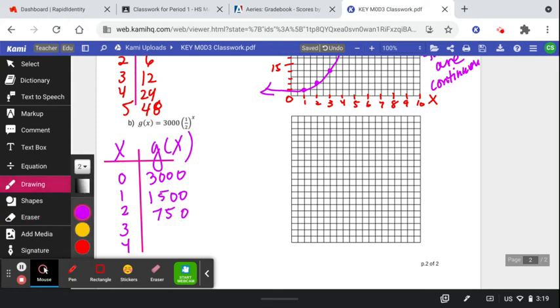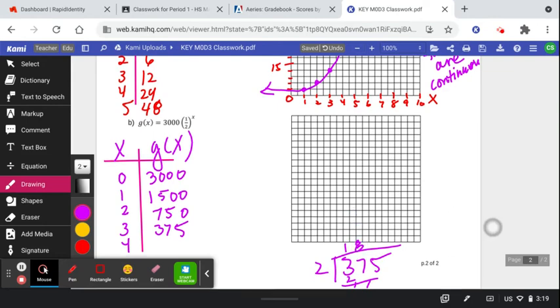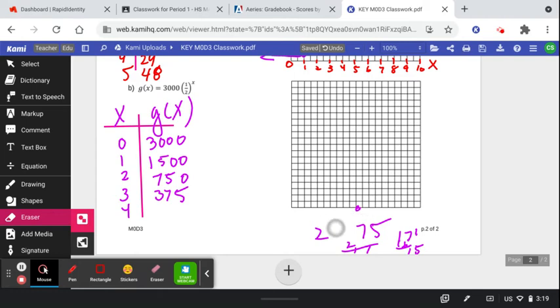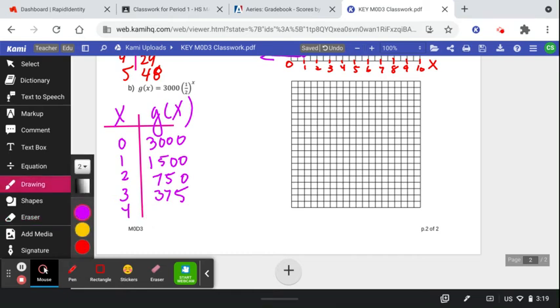Half of 750 is 375, and then half of 375 is going to be a decimal because it's odd, so let's go look. 187.5. Grab a calculator so you can double check that. 187.5 is going to be our fourth dot.